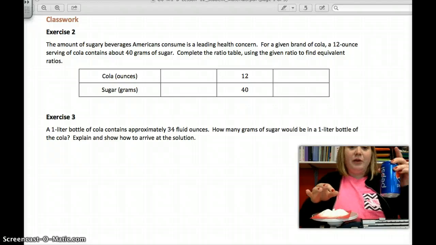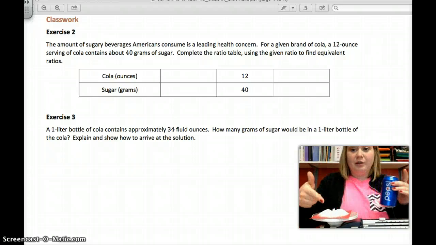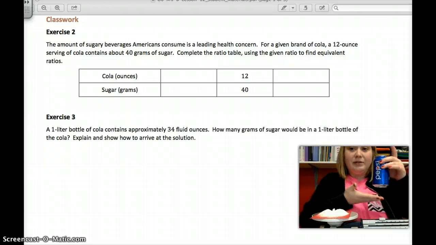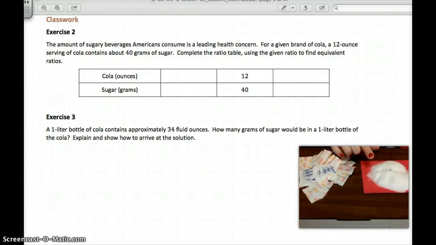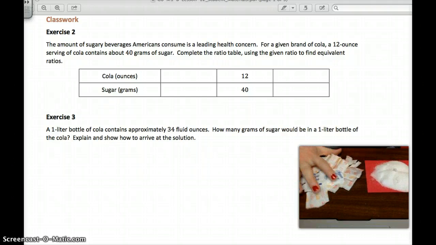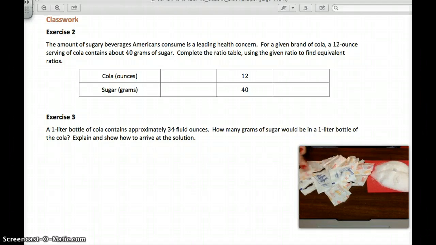Further on, we're going to have to figure out if we have larger amounts of soda, how much sugar are we going to need in the larger amounts, the bigger ounces? Just think, all of this sugar came out of these 14 packages. That's crazy. That's a lot of sugar. I just want you to see another visual representation.